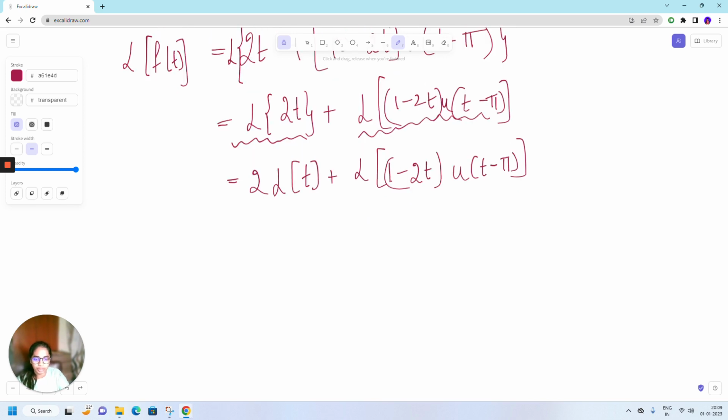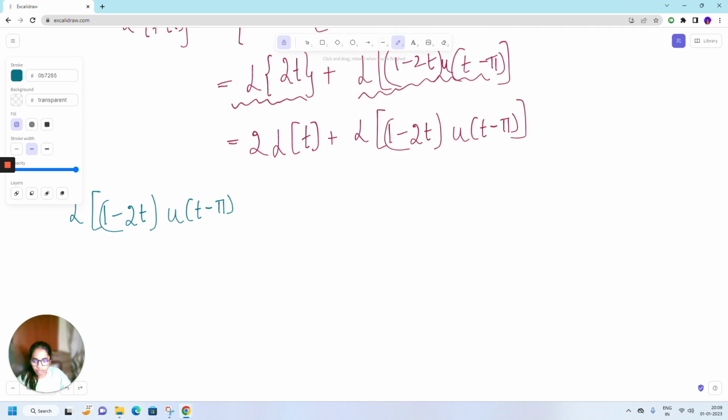Let me take only this part, find the Laplace and then substitute.